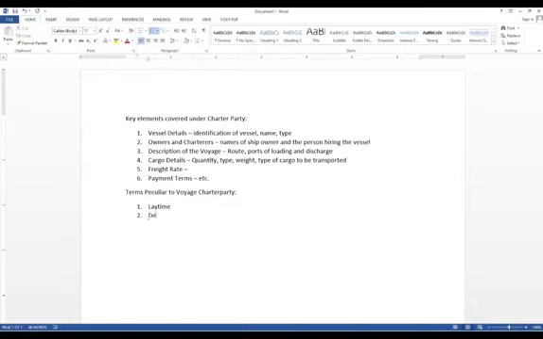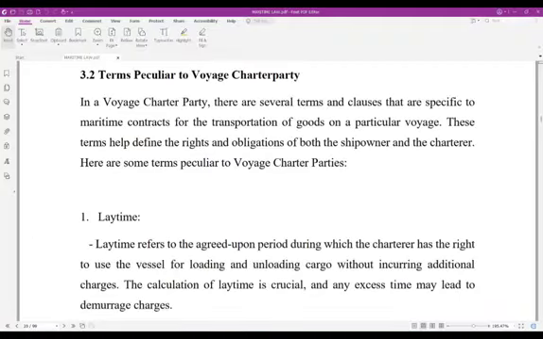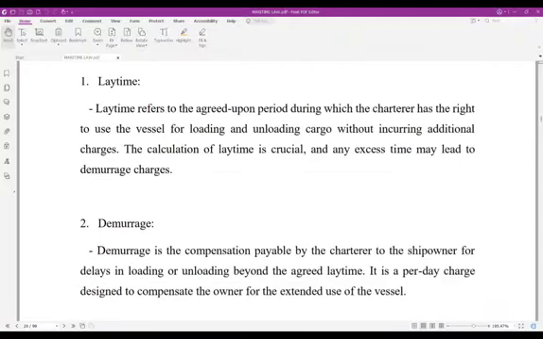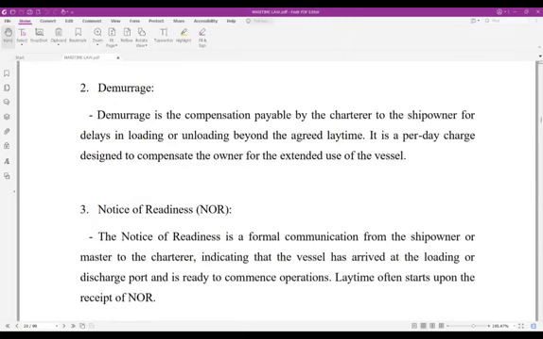Second one is demurrage. The third is notice of readiness.